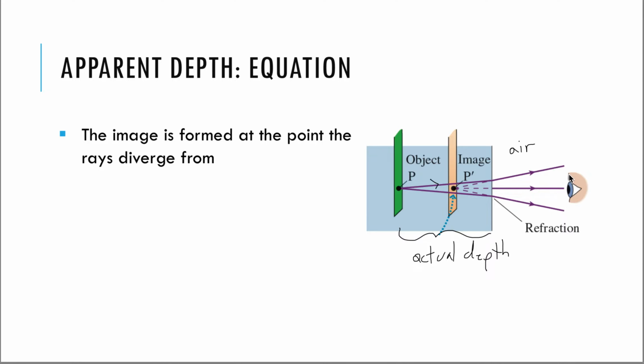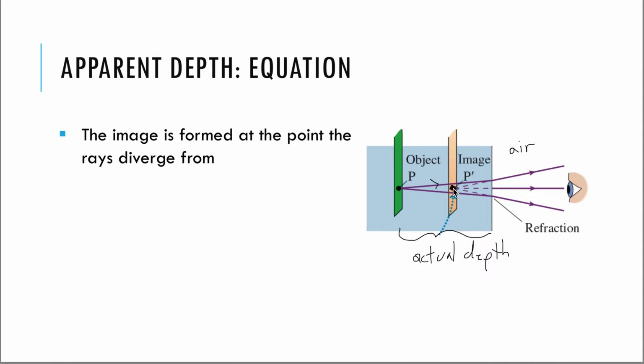We learned that we see objects when these rays of light come into our eyes. So our eyes don't know that these incoming rays bent at this boundary here. Our brains trace these rays back and assume that the object is at the location where all of these rays intersect backwards.